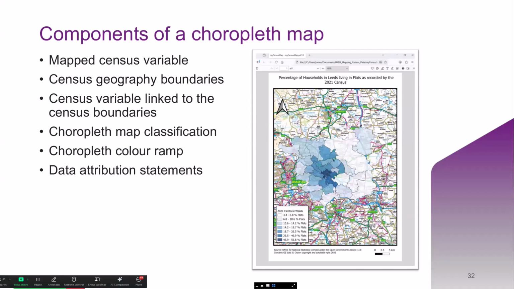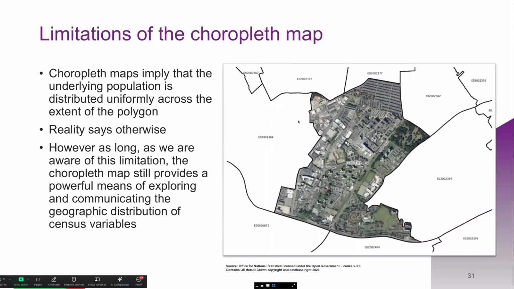And because we're showing boundaries, those boundaries have residual IPR with the Ordnance Survey. So that's another important component of the map. You'll notice on my slides, whenever I show a boundary, I've got an additional copyright statement, and that's basically to comply with the usage of that data.